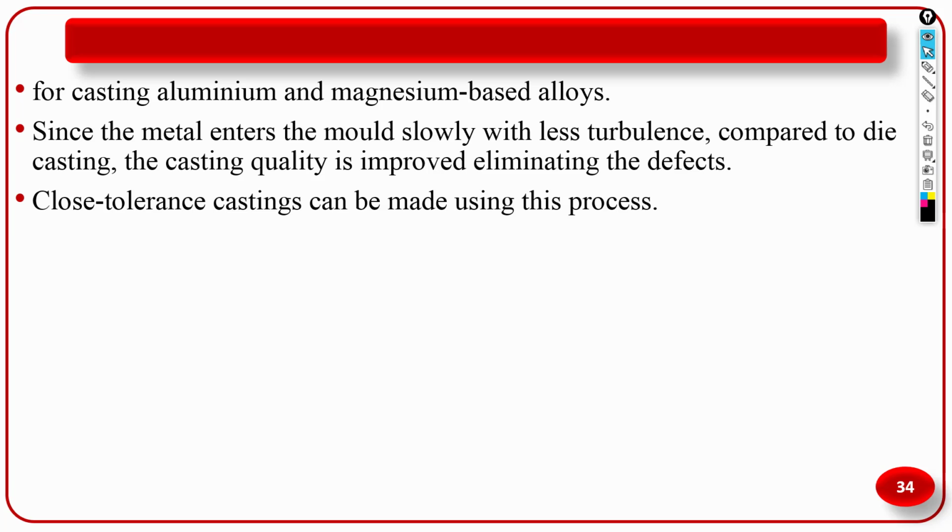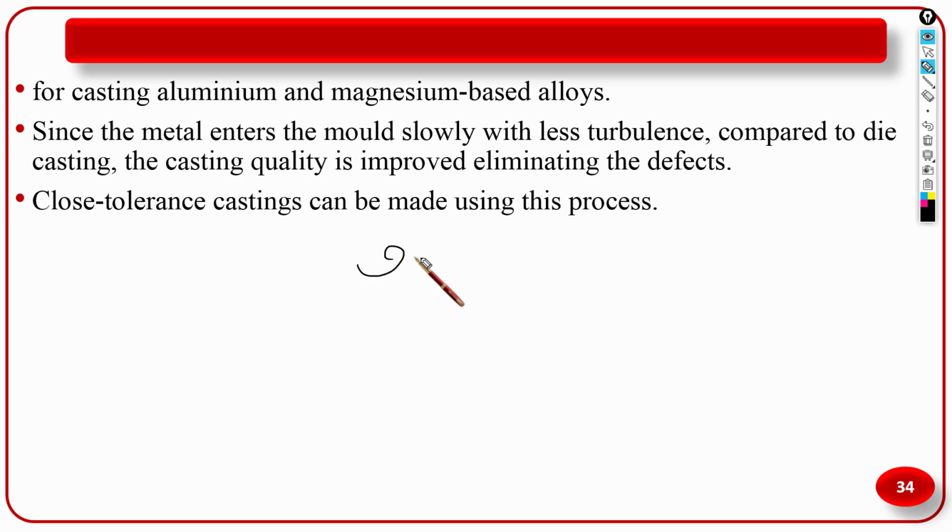Since the metal enters the mold slowly with less turbulence compared to die casting, the casting quality is improved, eliminating the defects. What was happening with vacuum die casting was that the speed of the metal entering was very fast, and due to that turbulence was created.